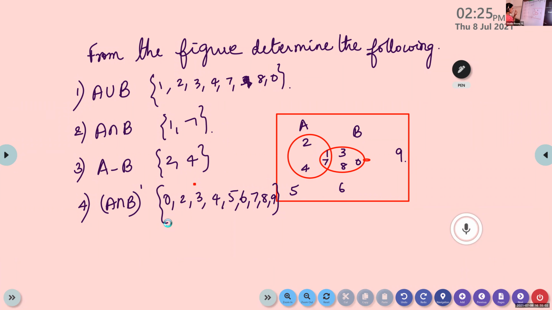A intersection B the whole dash. So I think you will not get 7 there, isn't it? I didn't say 7. Okay, so repeat it once again, give the answers. 0, 2, 3, 4, 5, 6, 8, 9. Okay, it's correct. Now write the next one.